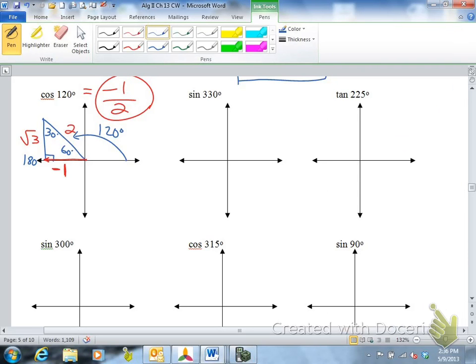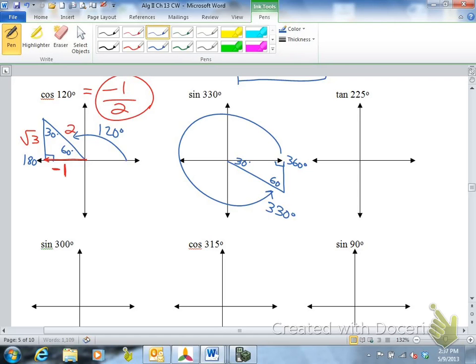Okay, sine of 330 degrees. Sine of 330 is in the 4th quadrant. Vertical line that's perpendicular to the x-axis. So this angle is 330. The whole thing is 360. So that means you would have a reference angle in here of 30 degrees.